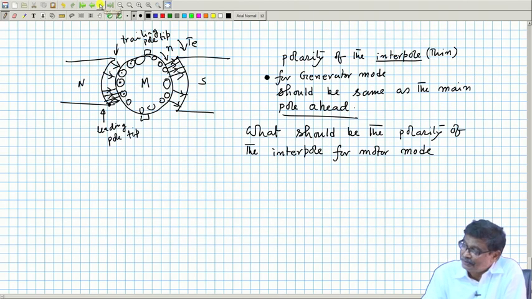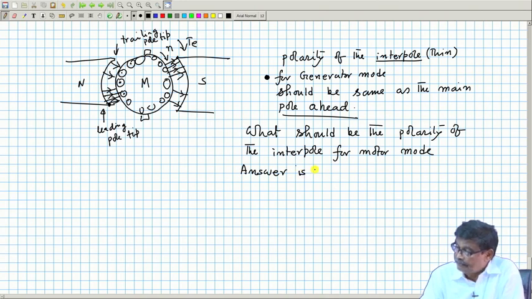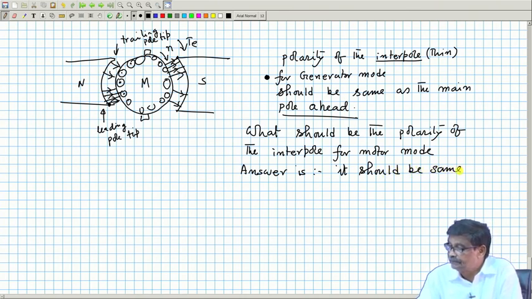Got the point? So, for motor mode, the polarity of the interpole should be the same as the main pole behind.